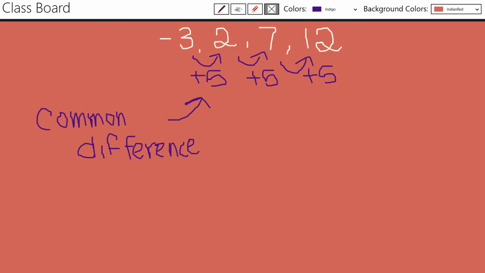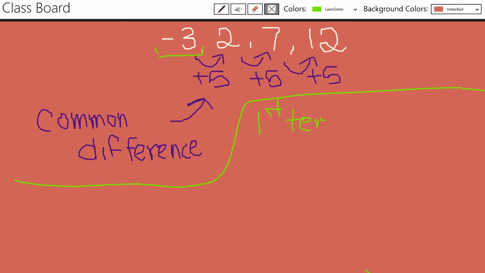Another thing that I wanted to emphasize was this new terminology that we have to get used to. We're just naming the term. So first term, I'm going to draw a line so you know that I'm doing a little bit of new things. The first term was -3. We're going to denote our first term as a sub 1.